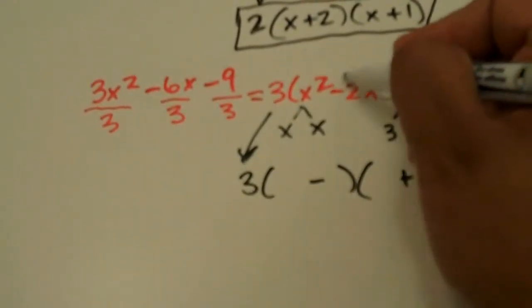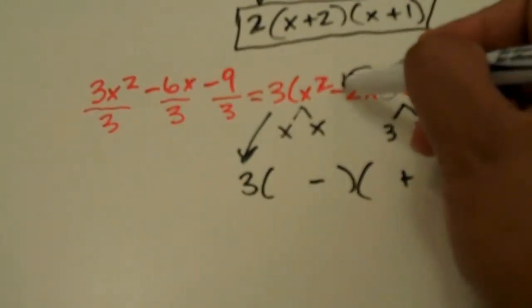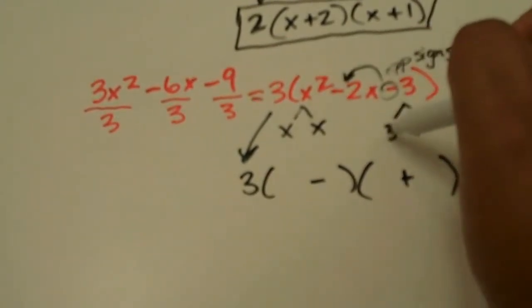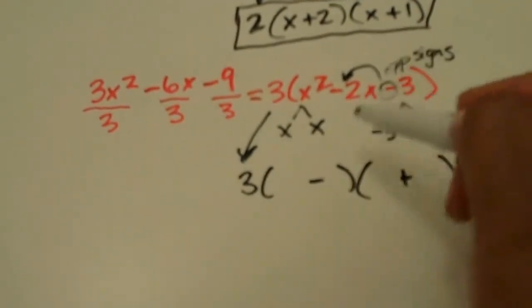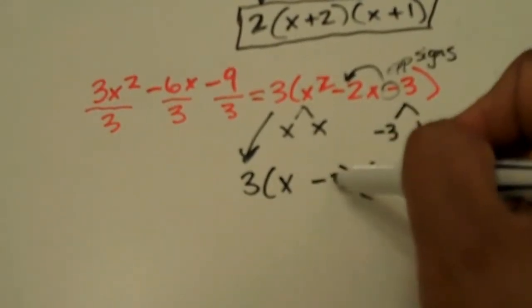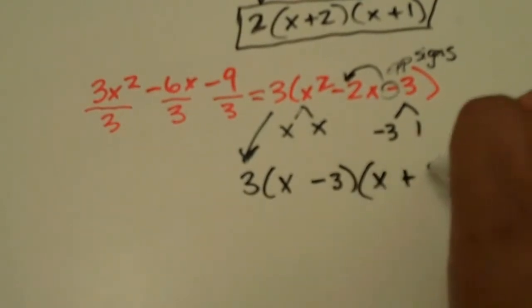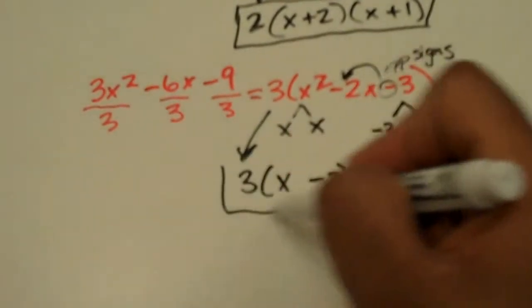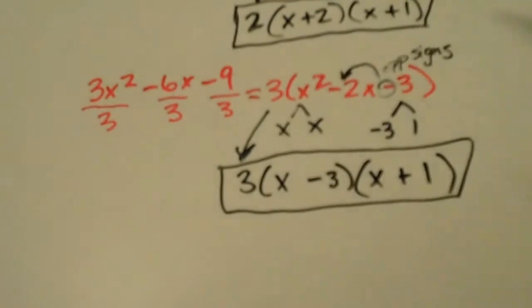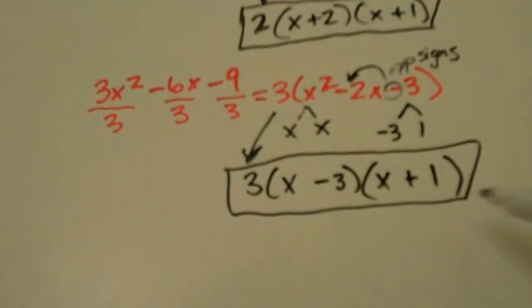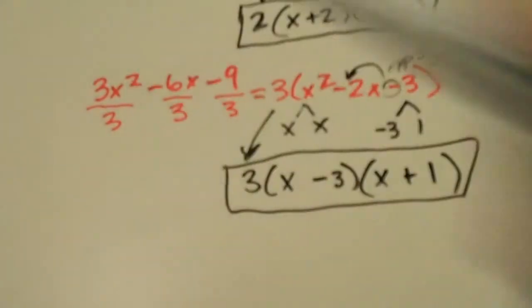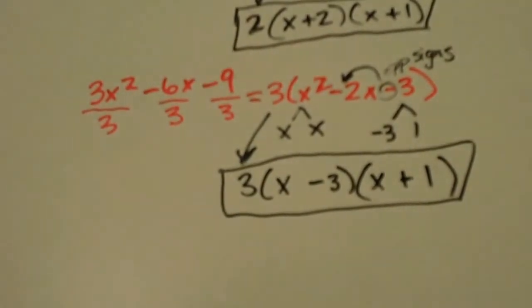If I look at this term, the larger number is negative. So if I look at 3, 3 has to be negative to give us a negative 2. So we'll have x minus 3 and x plus 1. And this is our solution. If we multiply everything back, we will end up with the same expression that we started with.